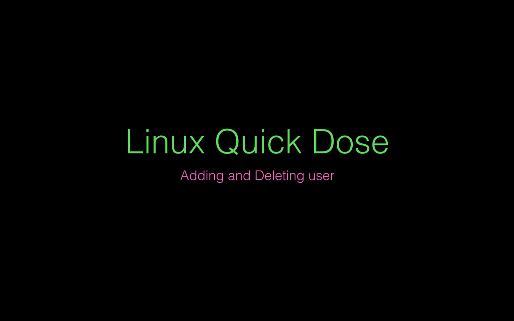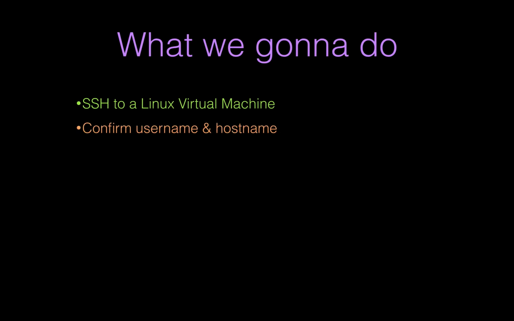In today's Quick Dose, we're going to see how we add and delete users in Linux. So what are we going to do actually? We'll SSH to a Linux virtual machine. We'll confirm our username and hostname. We'll check out which Linux distribution our machine is running.